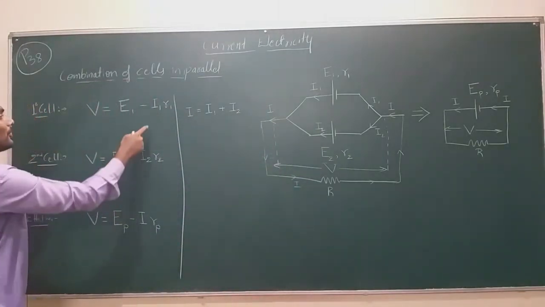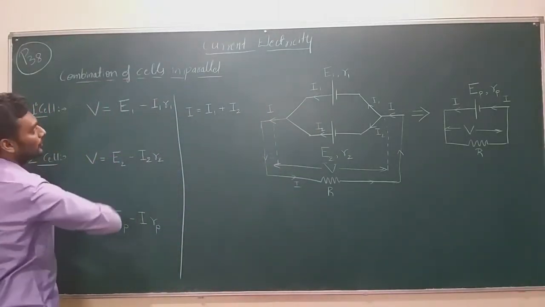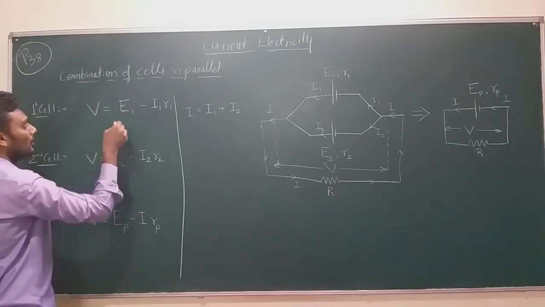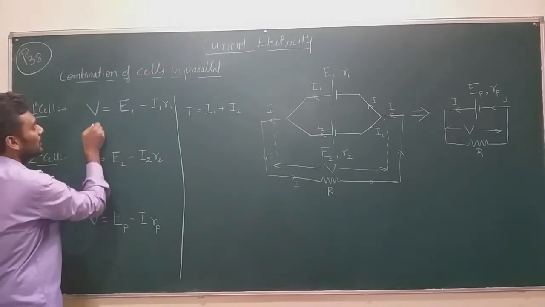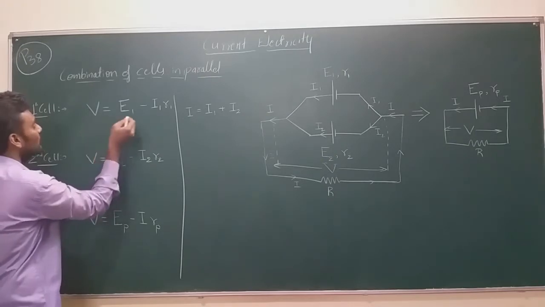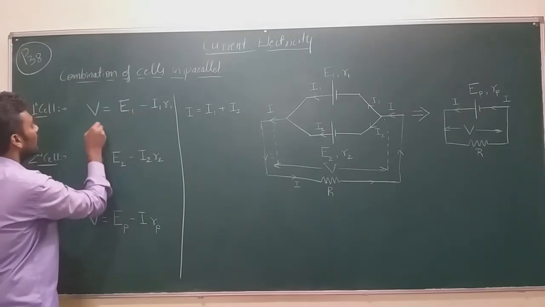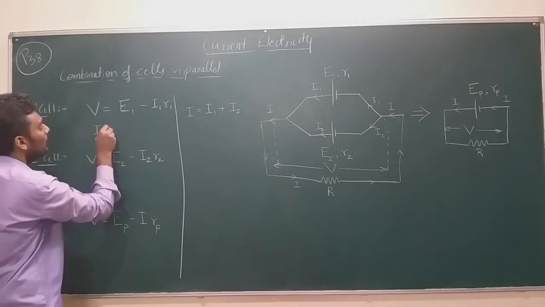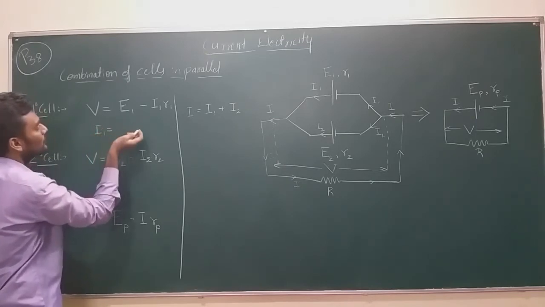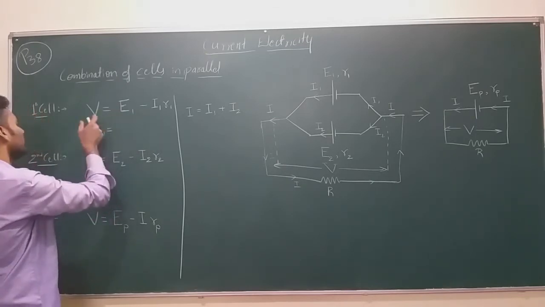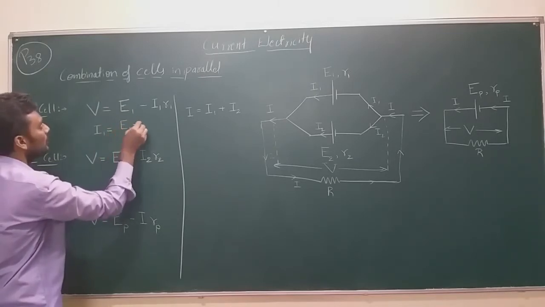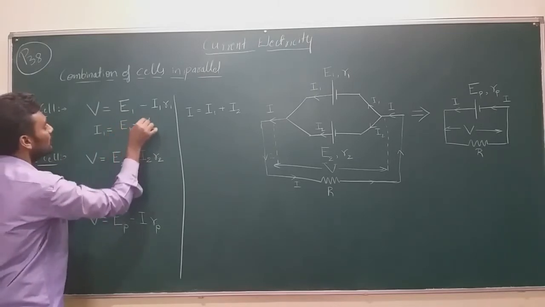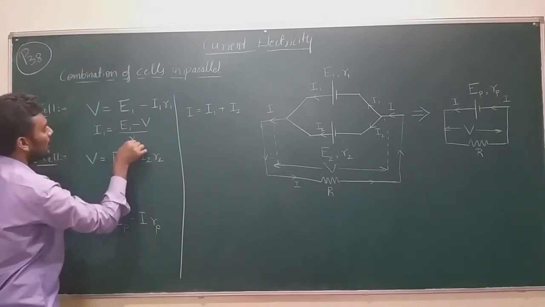Now let me get the expression for I1 from this expression, or you can also write the direct expression for I1 if you remember that, that's also fine. So from this expression, I1 becomes equal to E1 minus V divided by R1.